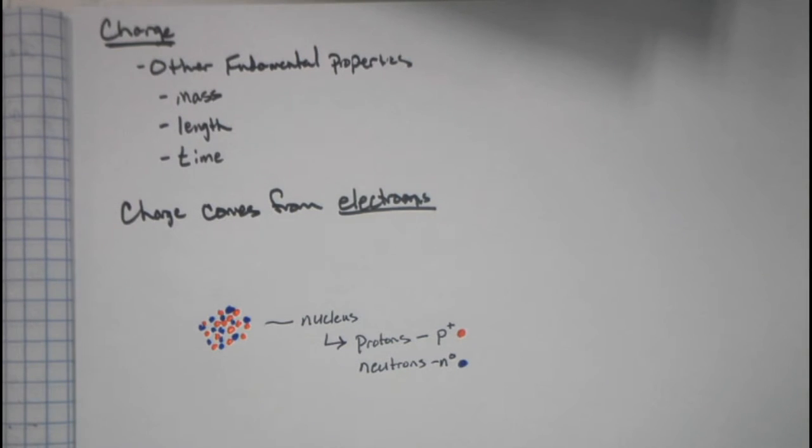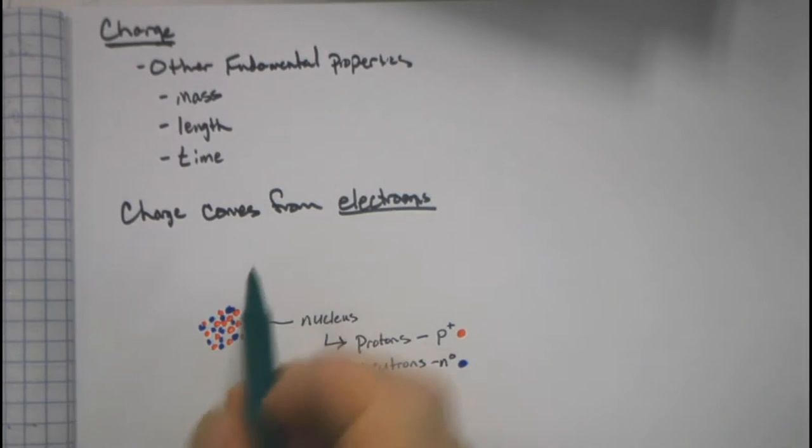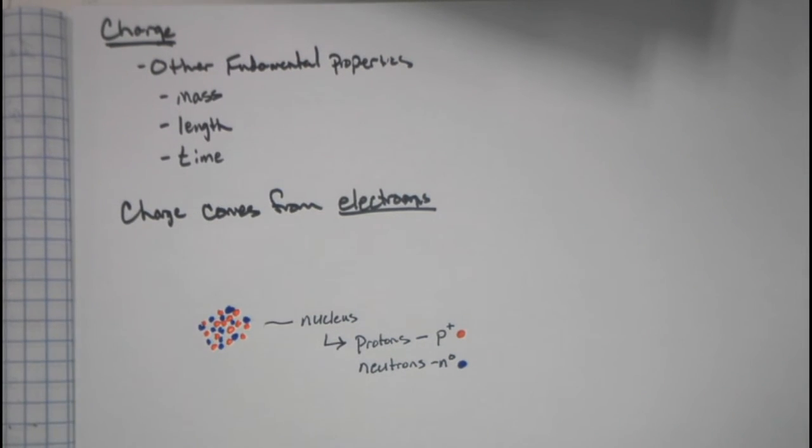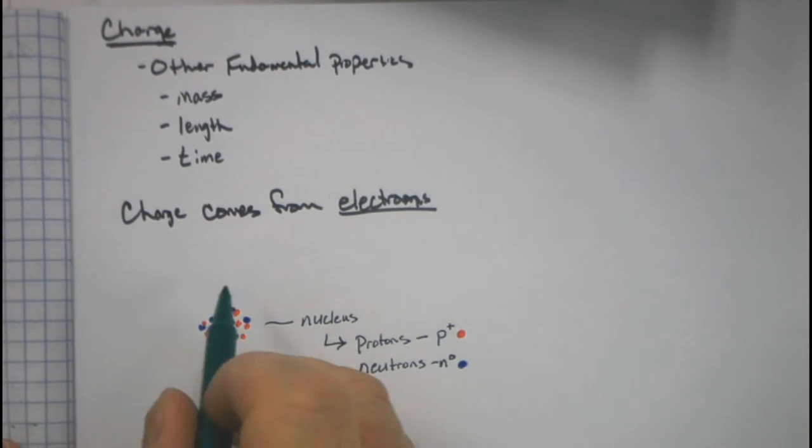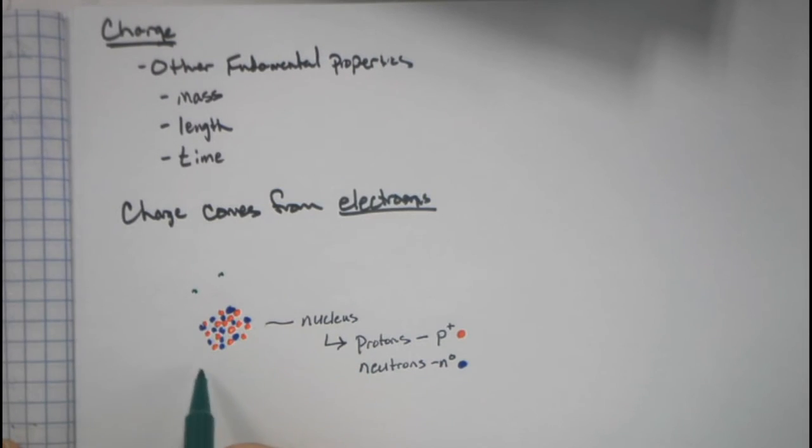And then around the nucleus, they're not in circles like sometimes you see, or like you see in my logo, with the little zoomies around it. That's not really what they look like. They exist in regions of space called orbitals, but again, that's not real pertinent to what we're going to study. But these are the balance to the positive charges that we have in the nucleus.